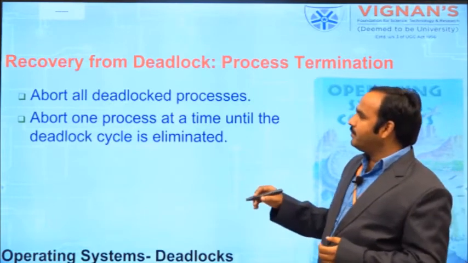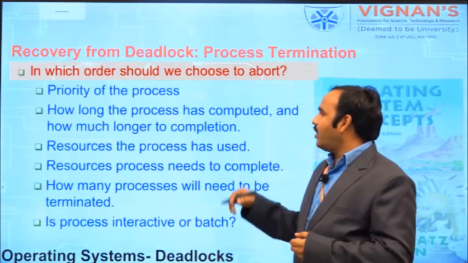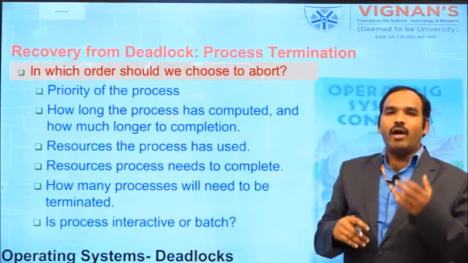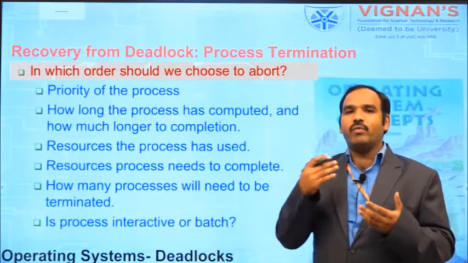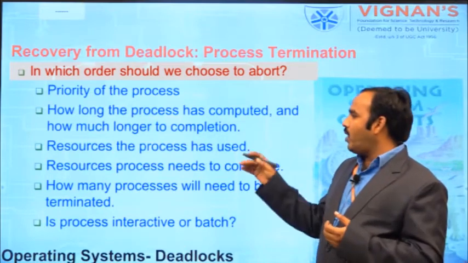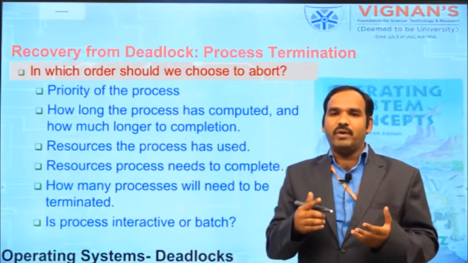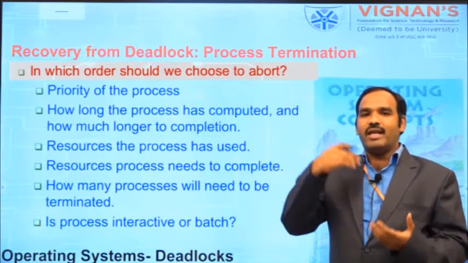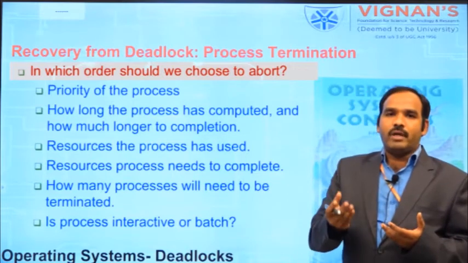The second is how long the process has computed, how much it has already completed, and the time required to complete its execution. The third is the resources the process has used. If the process is using fewer resources, then we can abort that process.